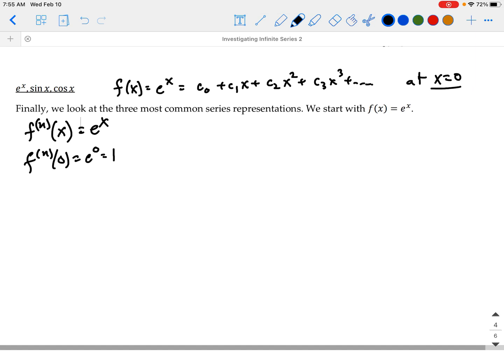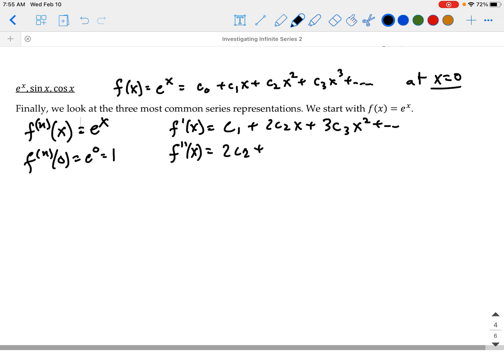So let's just note that f prime of x is going to be c1 plus 2c2x plus 3c3x squared. Right, so this is going to be all the same work that we did at the very beginning of using this infinite polynomial.